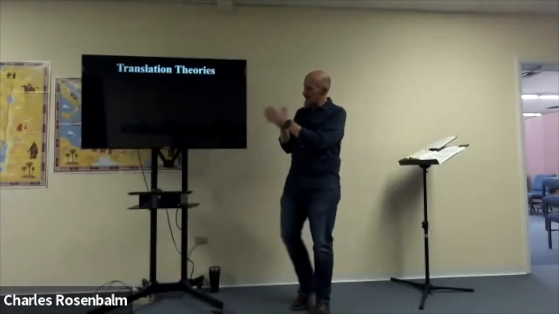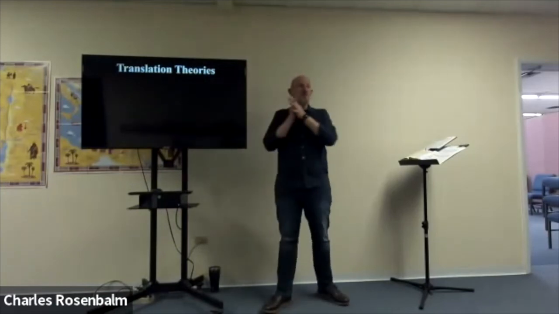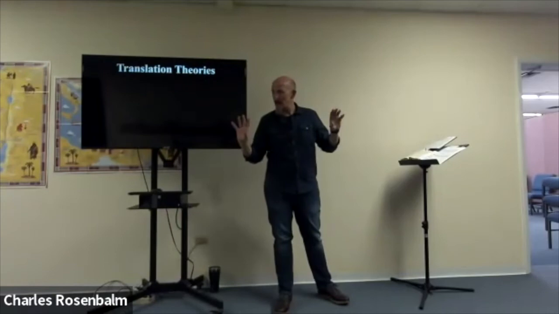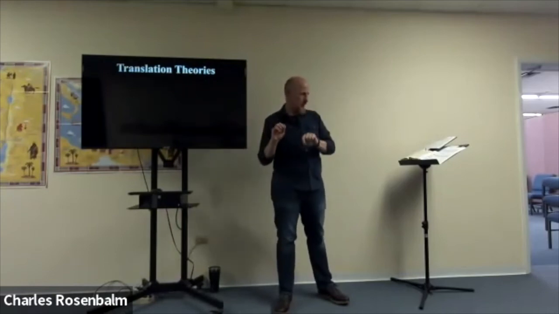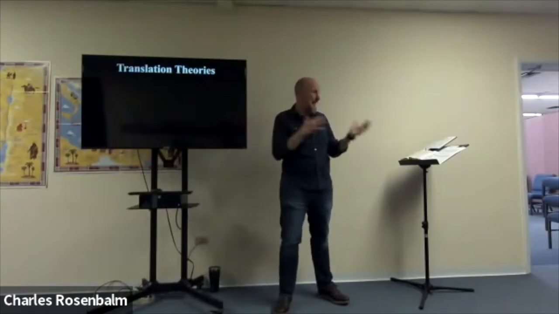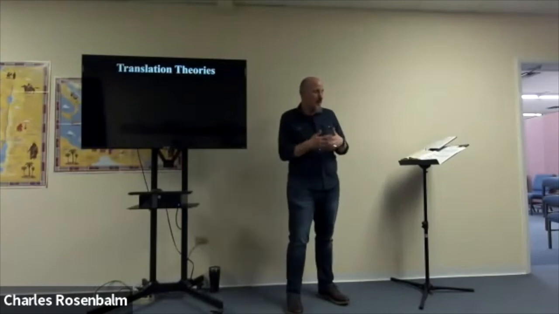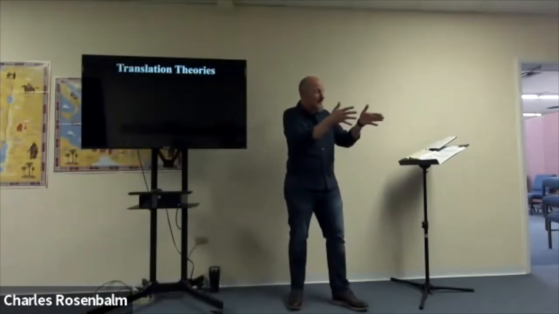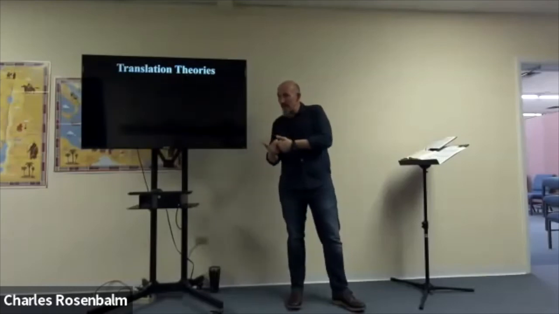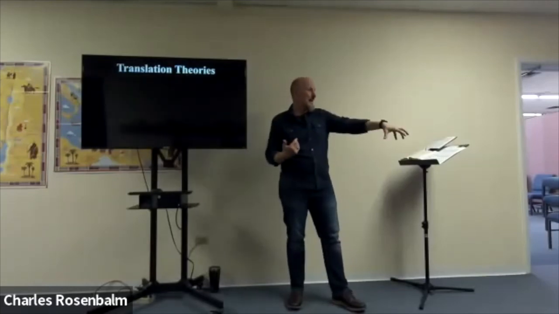Translation, by definition, is interpretation. To take a document in one language and put it in another language involves interpretive decisions. Because words mean things, and sometimes they have an array of meaning. And so a translator has to look at this word in its context and determine the best word in another language that conveys the meaning intended there.